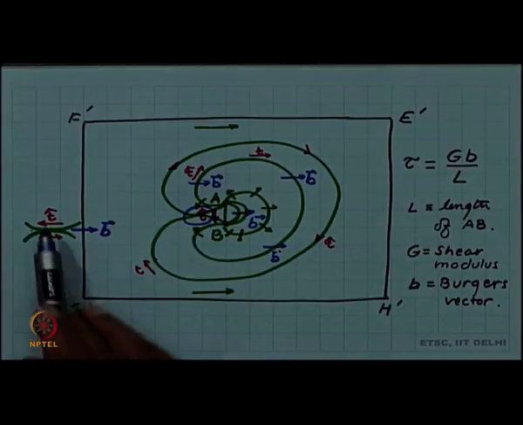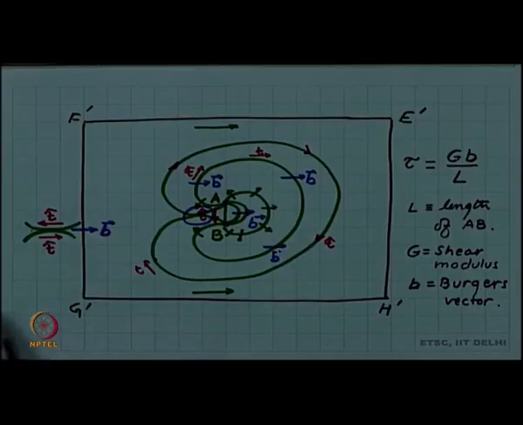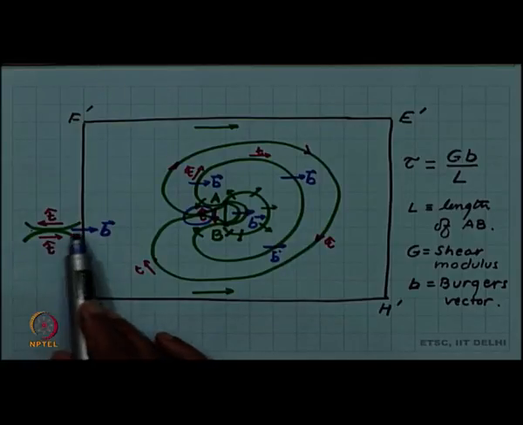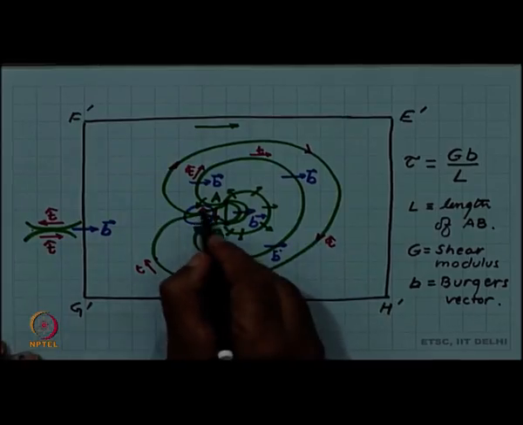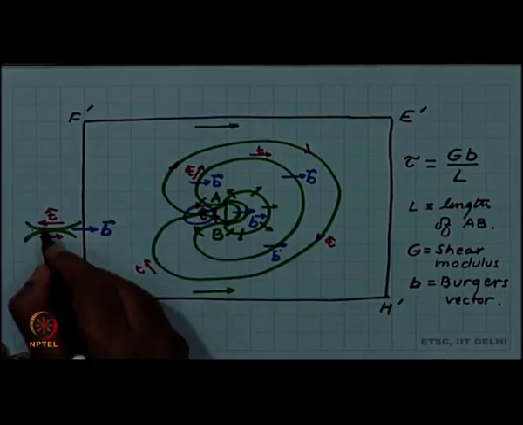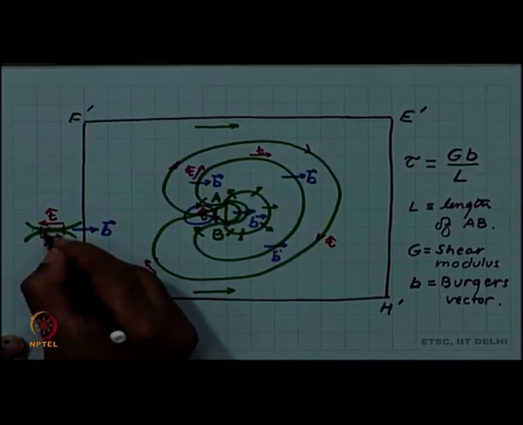So, the upper segment T and B are anti-parallel, whereas in the lower segment T and B are parallel. So, they are opposite in sign. They are screw dislocations, but they are of opposite sign. Which means that there will be annihilation of this segment of the dislocation. This segment will annihilate.